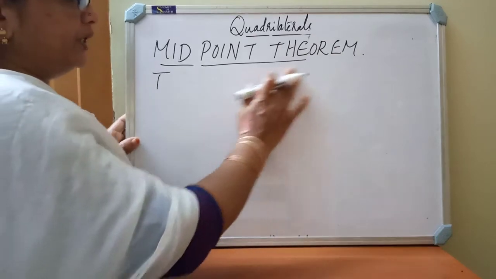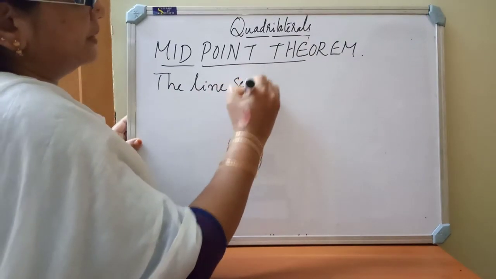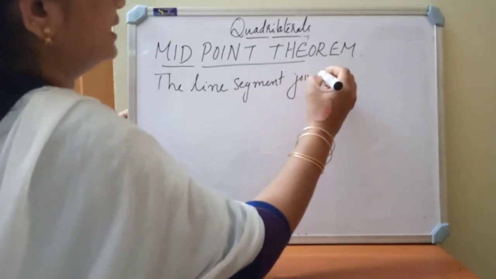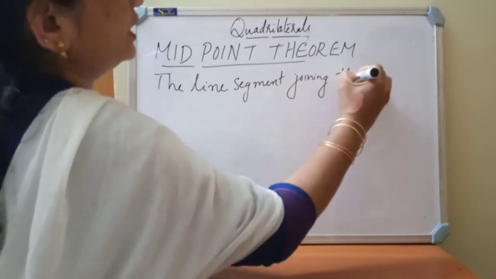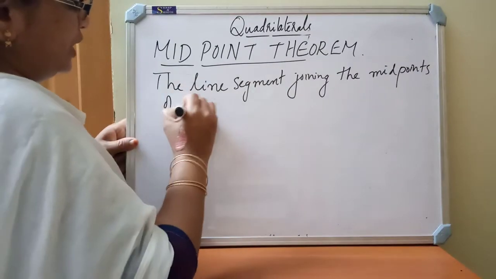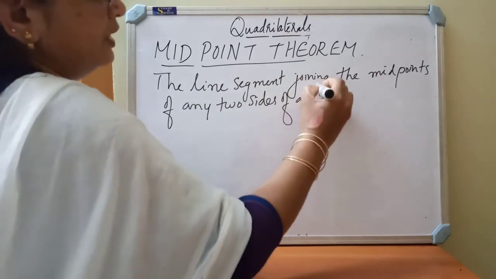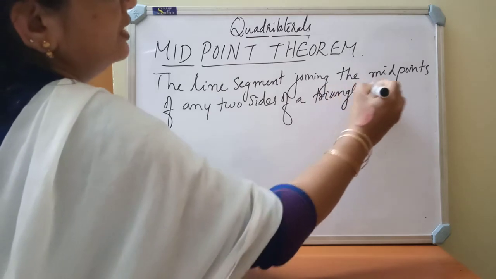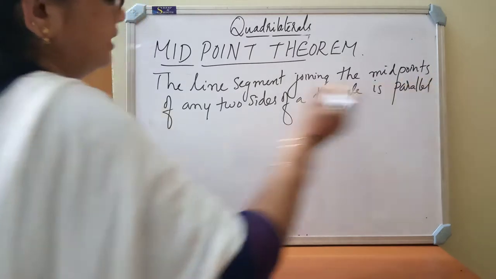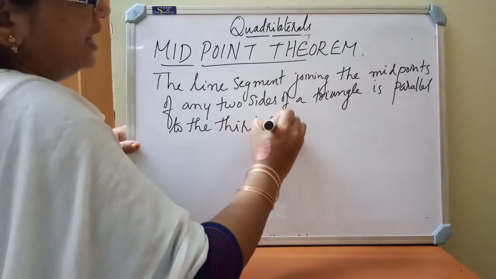So the midpoint theorem says that the line segment joining the midpoints of any two sides of a triangle is parallel to the third side and is half of it.